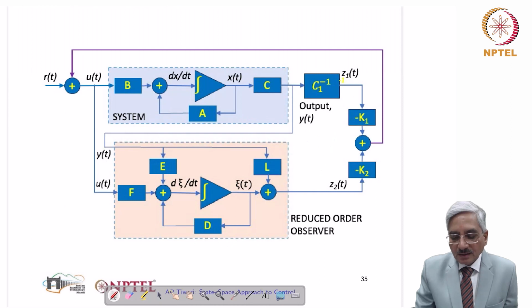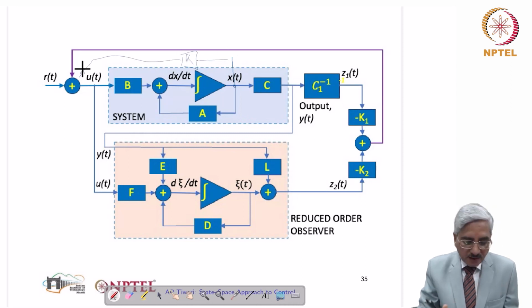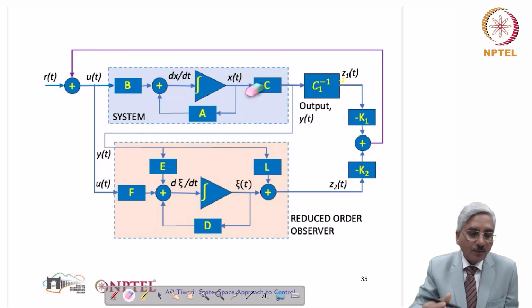And I was telling that now instead of feeding back this x through gain k1, through gain k here, now we are feeding the states of the observer, like what is shown here in this diagram.